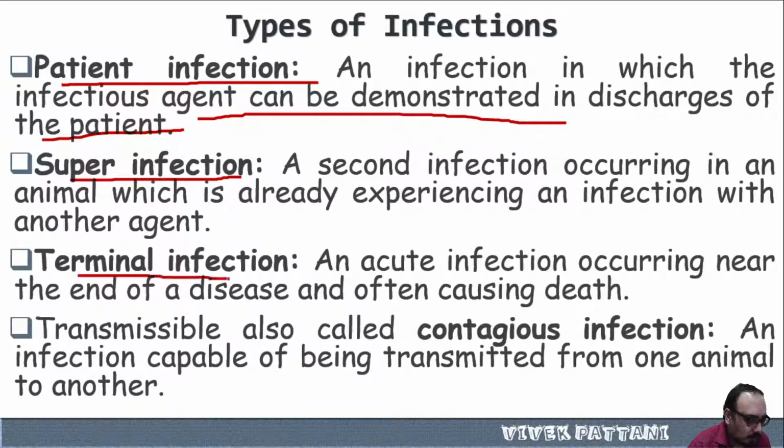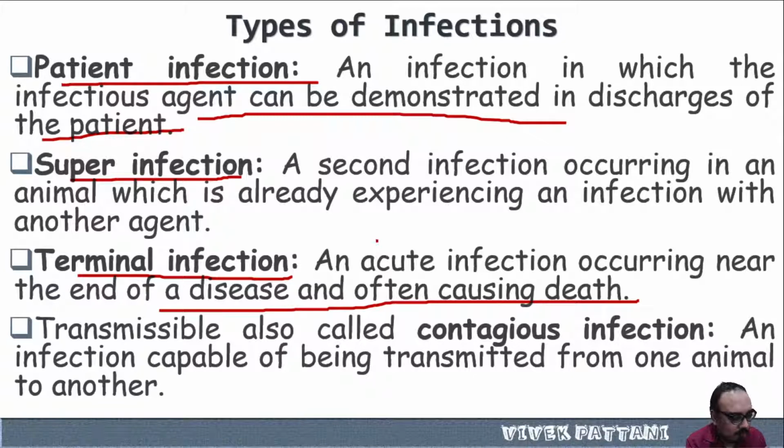Now comes the terminal infection, an acute infection occurring near the end of a disease and often causing death. For example, if you already have an infection and then an acute infection occurs, this may also lead to death.